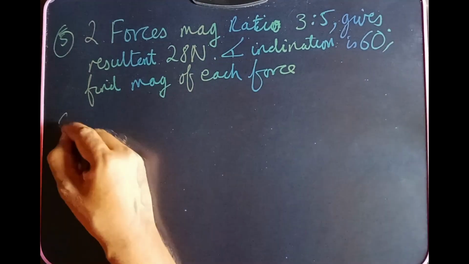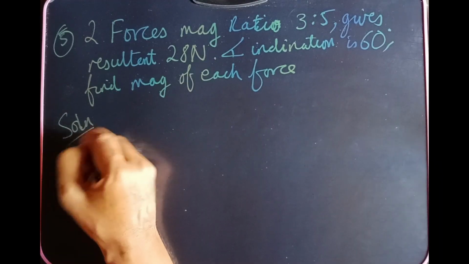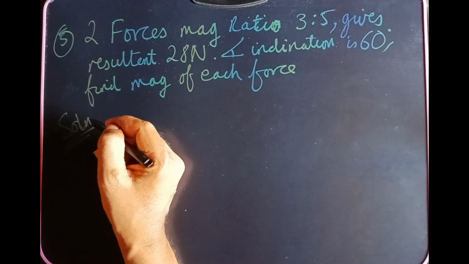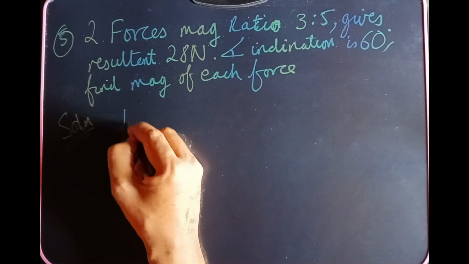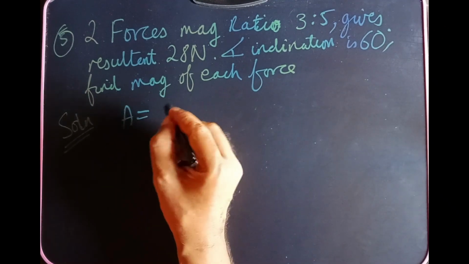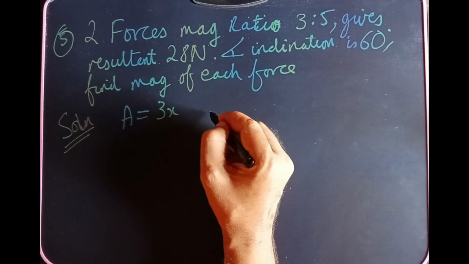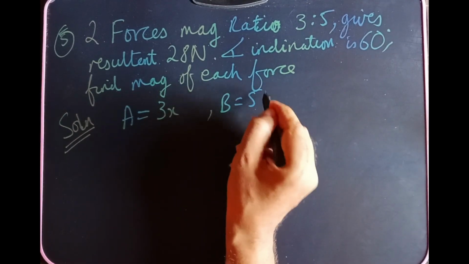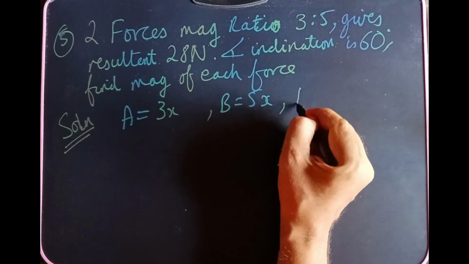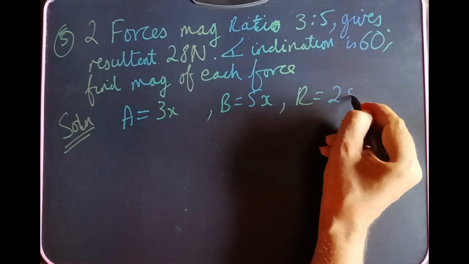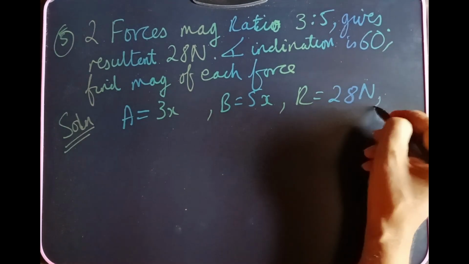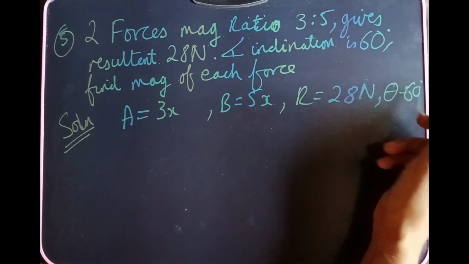So how do we solve this? It's a middle level type of question. So let us say we have force A, and this force A, the first force, is 3x, okay, and the other force B is 5x, okay. The resultant is given as 28 Newton and theta is 60 degrees.